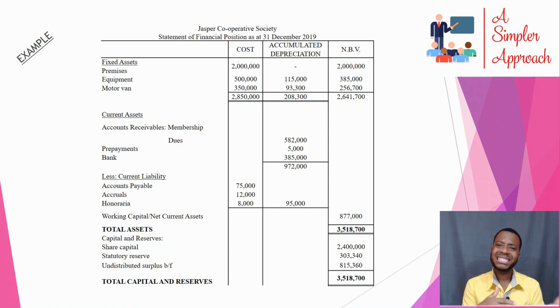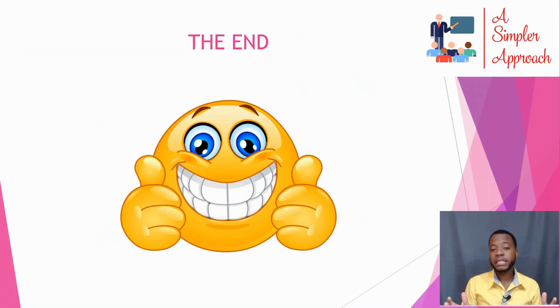There will be a slight difference as it relates to how cooperatives are financed versus how limited liability companies are financed. In this case, all we have is share capital, statutory reserve, and the undistributed surplus. Okay? So that's the underlying concept and understanding of cooperative societies.